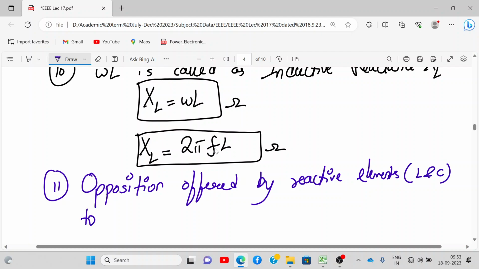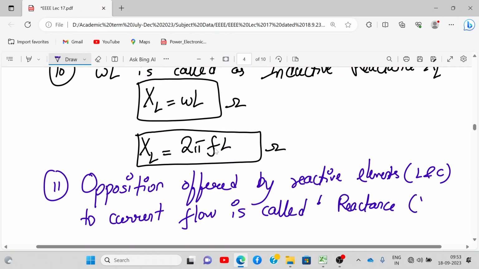Reactive elements to current flow is called reactance, and it is given by X. So if the opposition is offered by the reactive element which is an inductor, it will be inductive reactance. If by the capacitor, it is called capacitive reactance, XC. In this case, it is XL.